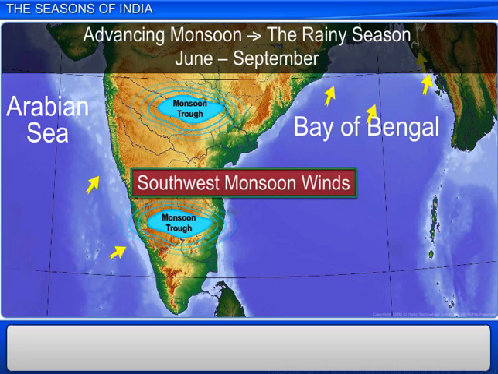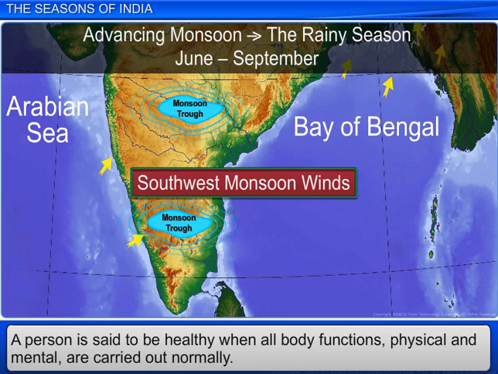As these winds blow over warm oceans, they bring abundant moisture to the subcontinent. These winds are strong and blow at an average velocity of 30 kilometers per hour.